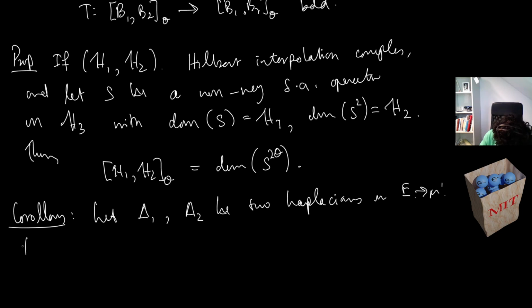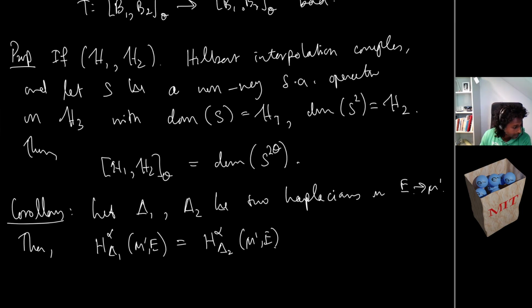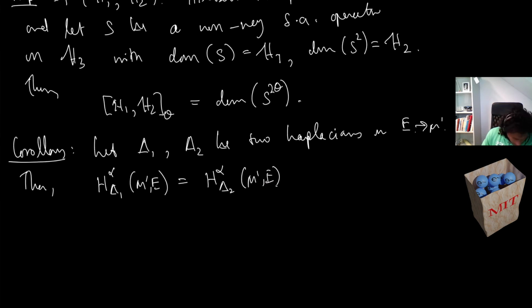Then we have that H alpha Laplace 1 M prime E is equal to H alpha Laplace 2 M prime E. Okay? So what's the proof? You fix an alpha and then you let 2m plus 2 be larger than alpha larger than 2m.